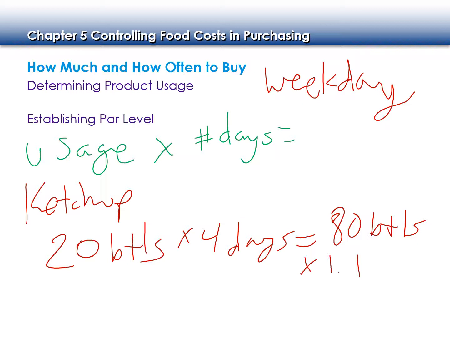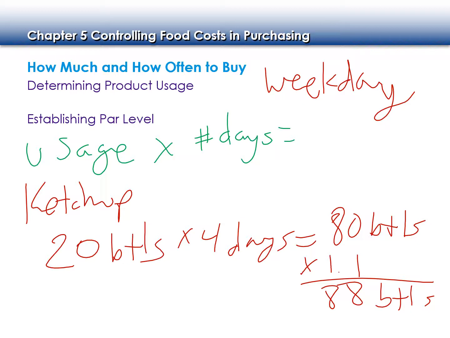If you wanted to, you can multiply by 10% first, and then add it to the 80. Or in this case, a one-step process, 1.1. We get 88 bottles. That's our par. We need to have 88 bottles of ketchup on hand to get us through Monday through Thursday.